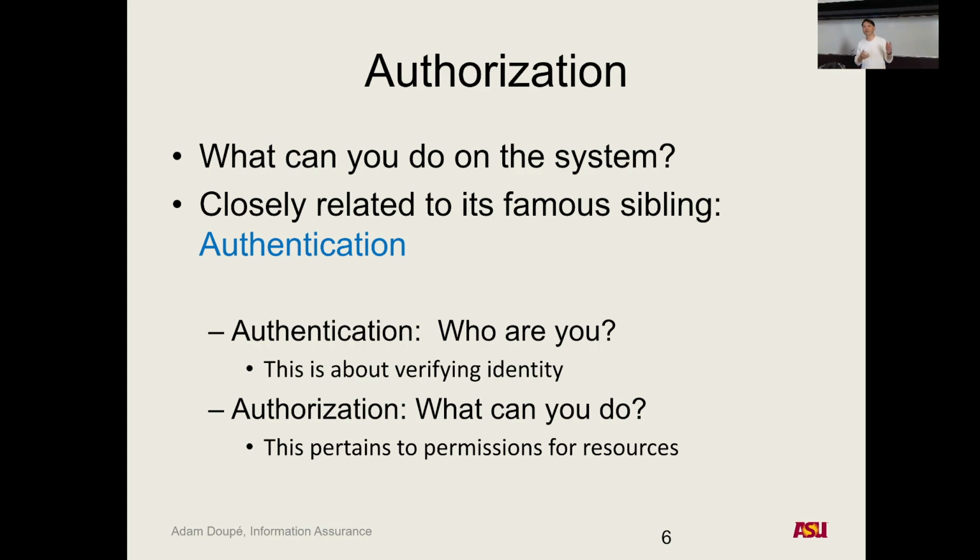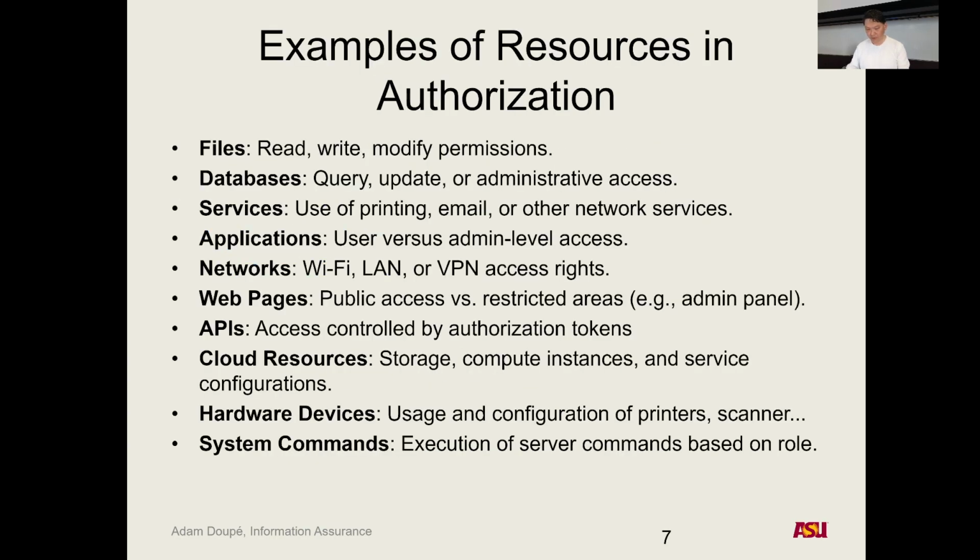You can go to that room and take that seat. So authorization pertains to permissions for a resource. In the movie theater case, that is the seat. This is an example of a resource in authorization.